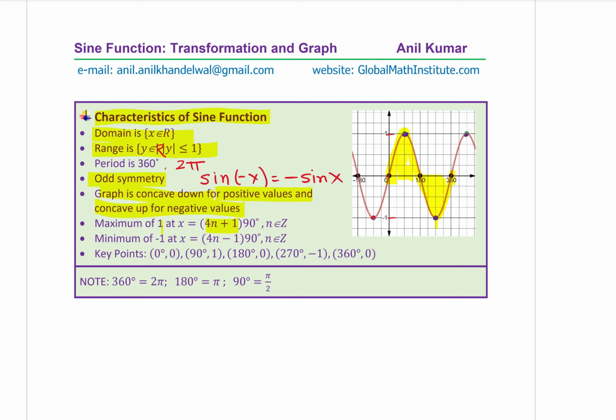In all the graph and the transformation, we'll always consider the key points. These are the 5 key points which we are going to consider to begin with. Origin, right? So that is the starting of a sine function, it starts from the axis. So this line here is called the axis.